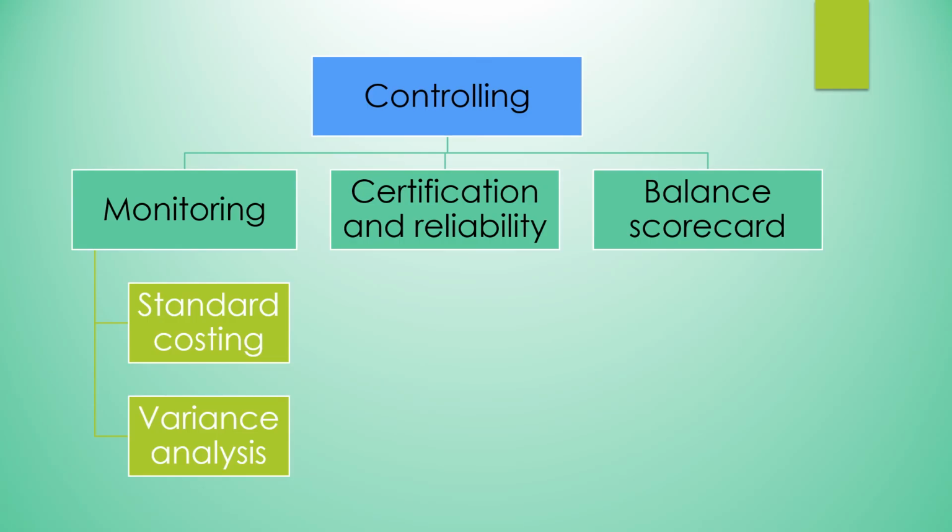Then, certification and reliability can be done in many ways by obtaining international standards as well as in line with the local standards. When it comes to quality management, most of the organizations use ISO 9001. When it comes to environment management standards, they are using ISO 14001.